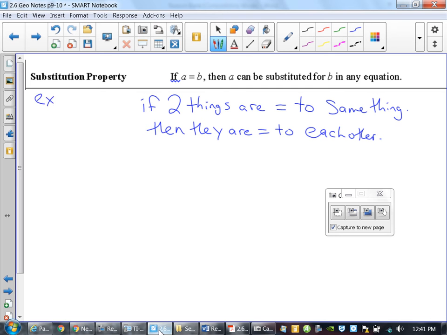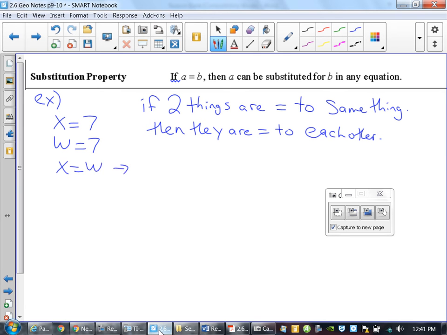Another little example here. Let's say x equals 7 and w equals 7. What's the relationship then between x and w? Yeah, they're both 7, so what do you know about x and w? They're equal to each other.